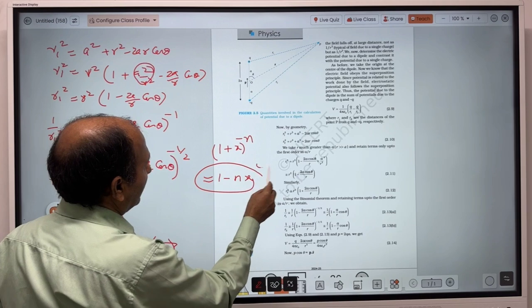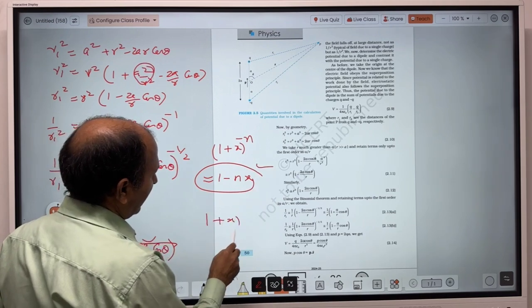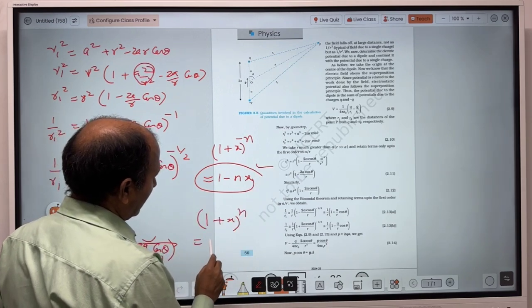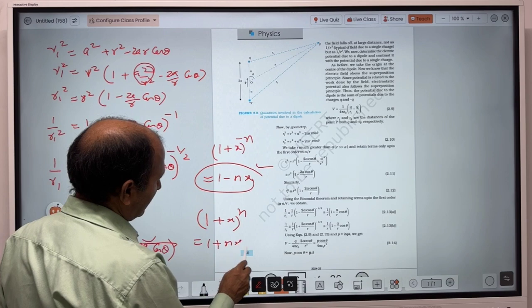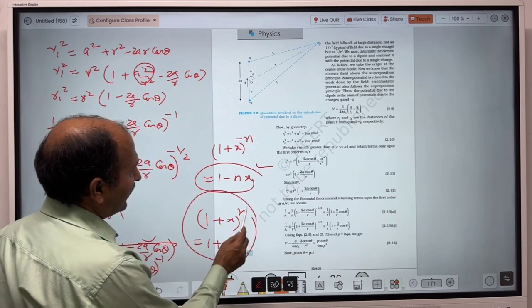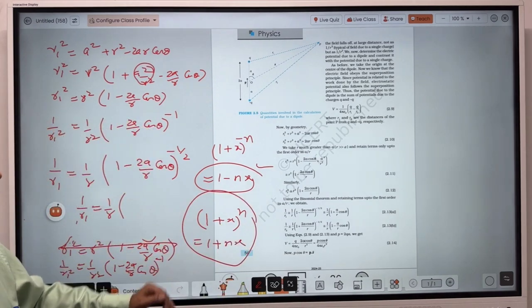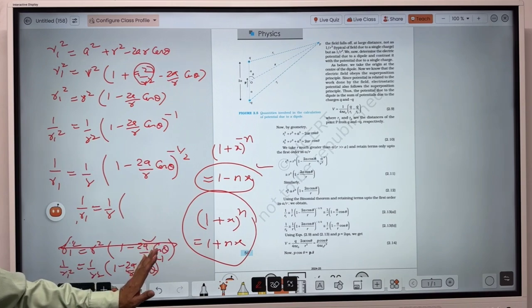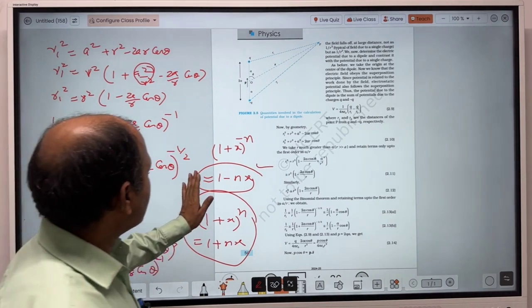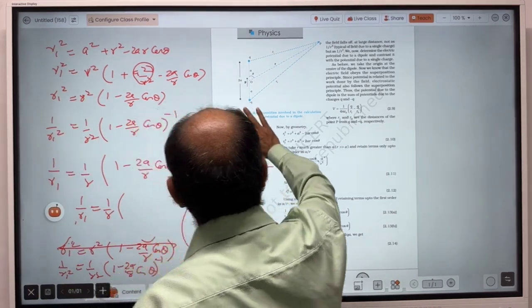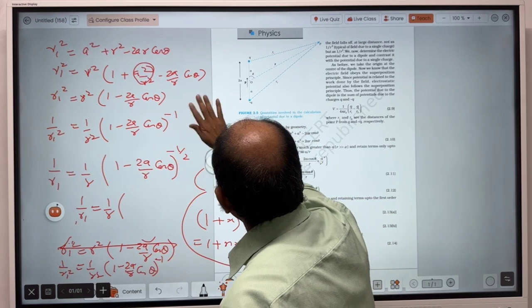Also 1 plus x power n can be written as 1 plus nx. This is from binomial theorem. We will study about binomial theorem later on, so I am not introducing it today. If need be, I will tell you more about it.